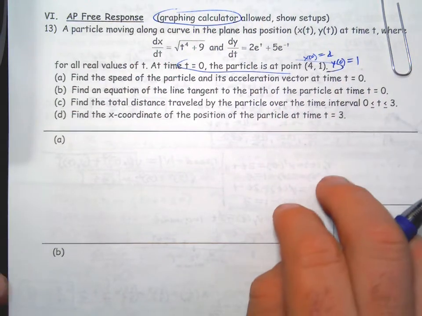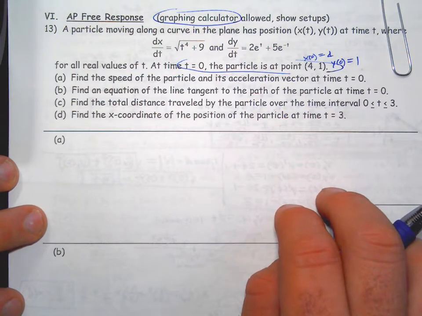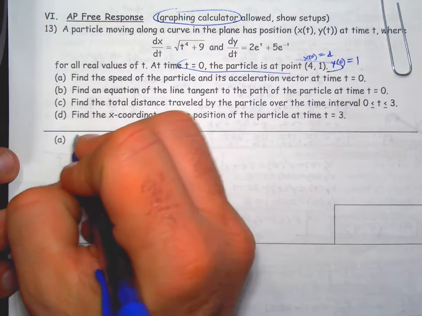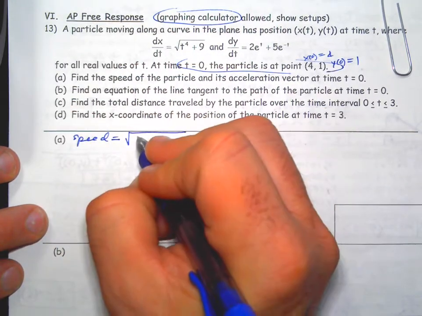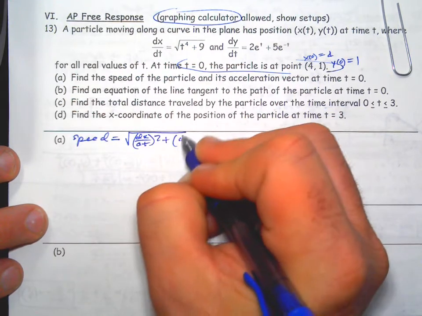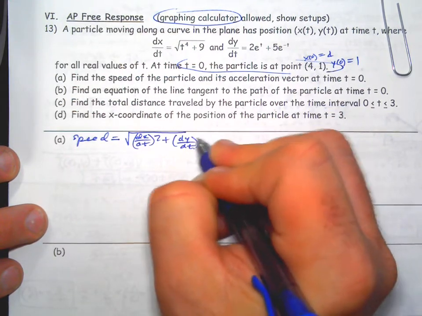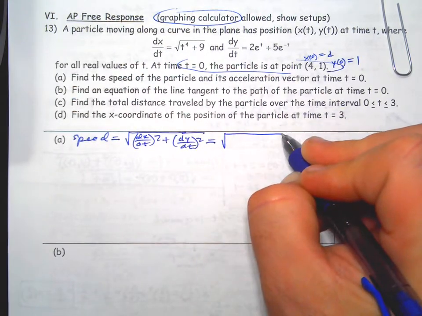They gave you the derivatives, the velocities. Find the speed of the particle and its acceleration vector. So speed, we just talked about this, is the square root of dx dt squared plus dy dt squared. That's going to be at time 0.